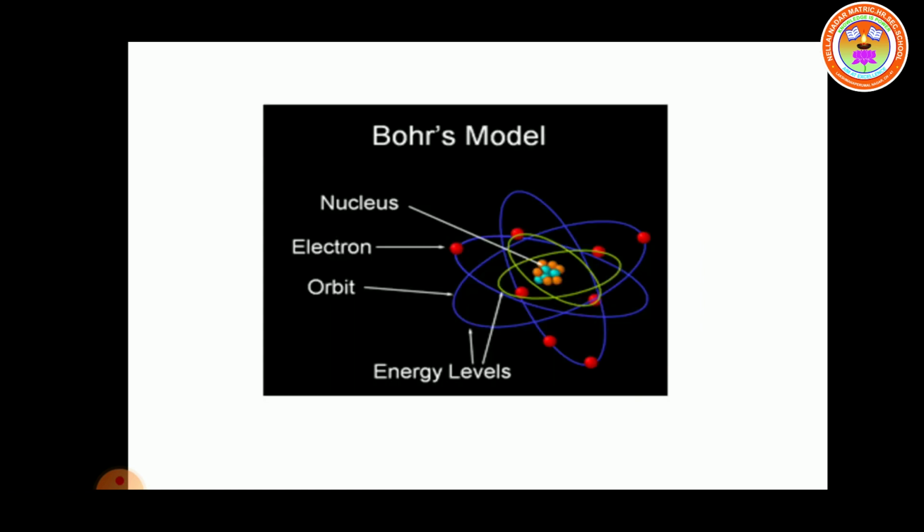While revolving around the nucleus in an orbit, an electron neither loses nor gains energy. So, when the electrons are revolving around the nucleus, at that time it will not lose or gain energy.